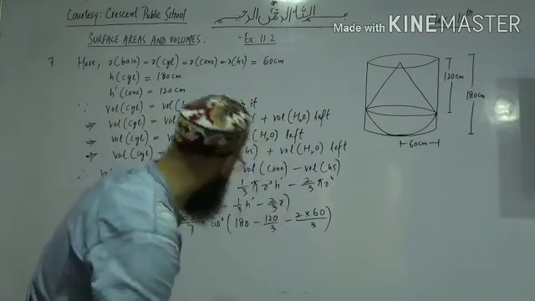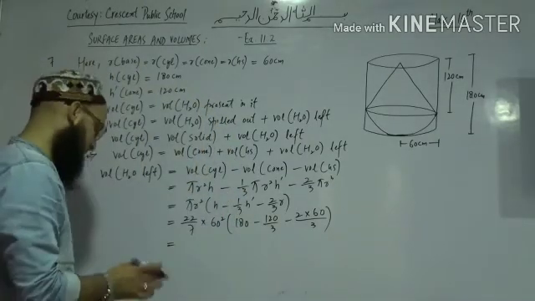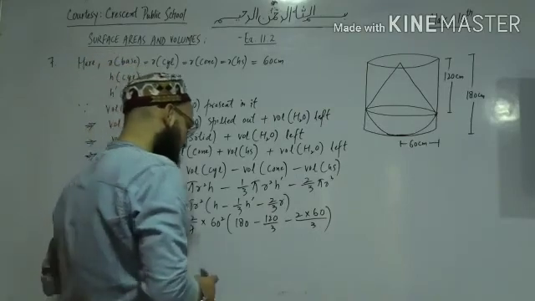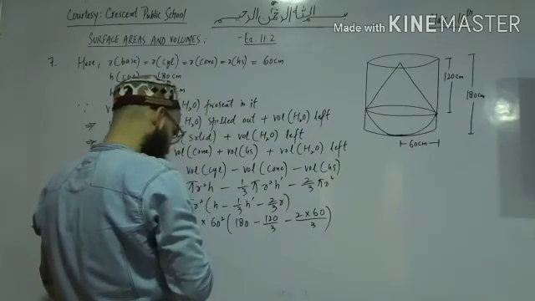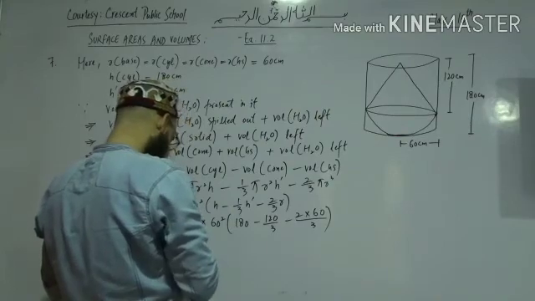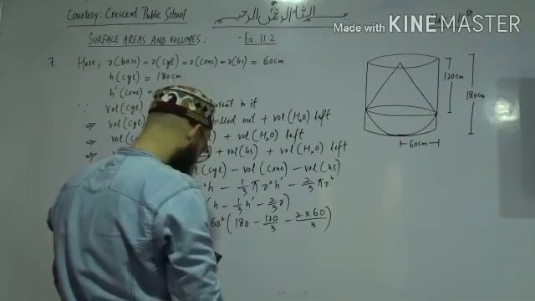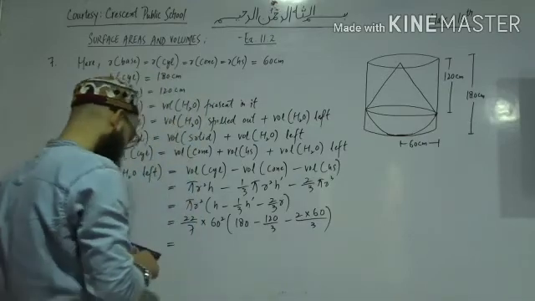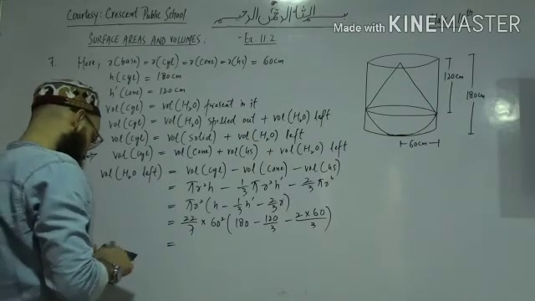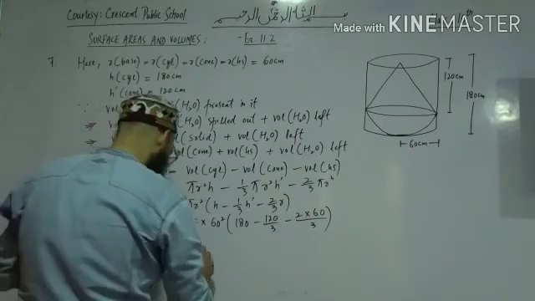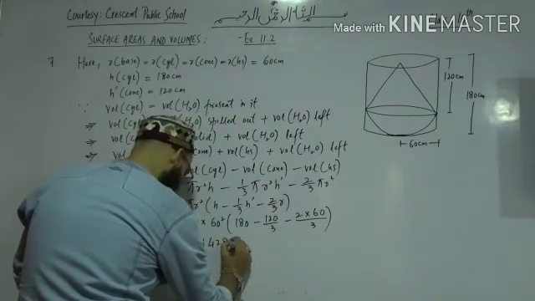Then you can solve this, and you get approximately 1,131,428.57.